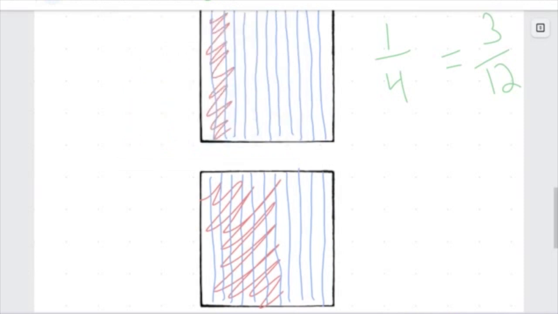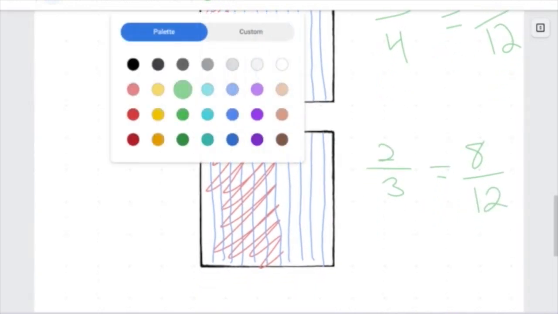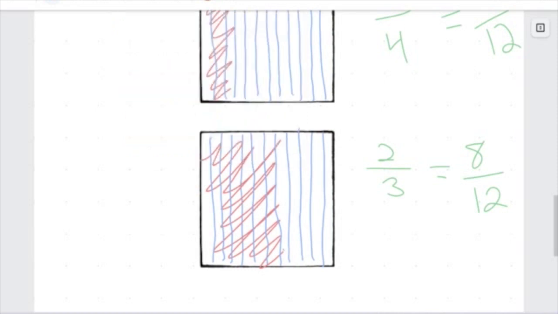So 2/3 I can rewrite as 8/12. Sorry, it's hard to see that here, but this was meant to be in here as well. Perfect. So I have my 8/12 now.